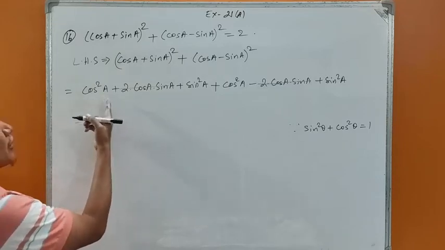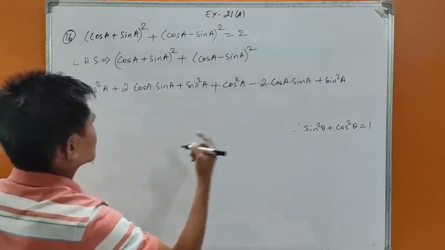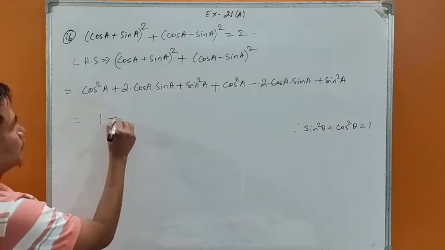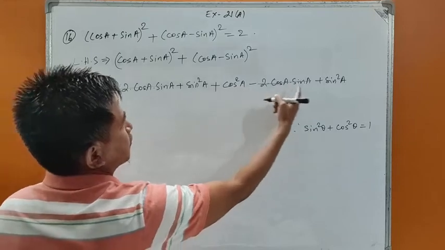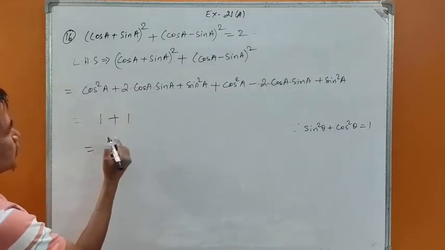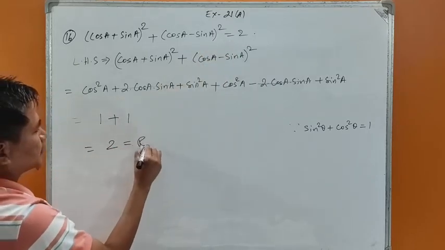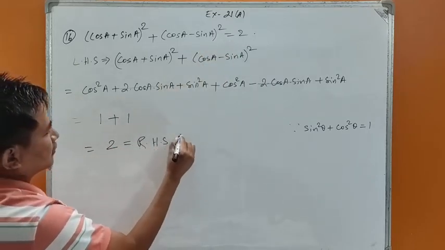So cos square a plus sin square a gives us 1, plus this cos square a plus sin square a gives us another 1. So 1 plus 1 is 2, and we have 2 in the right hand side, so this is proved, LHS equals RHS.